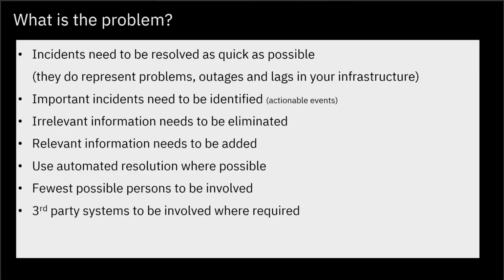You want to add extra information, and you want to have actions done by your operations team on the least possible number of events, and with the fewest number of persons involved, to be as fast as possible, and of course to be as simple as possible, because that produces the least cost in the event resolution environment.